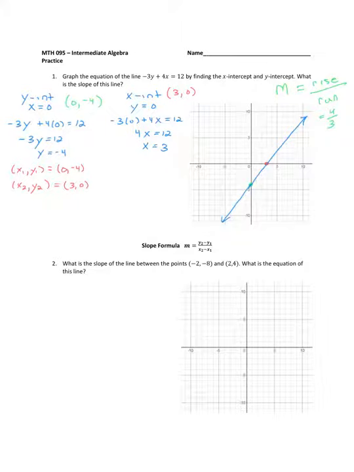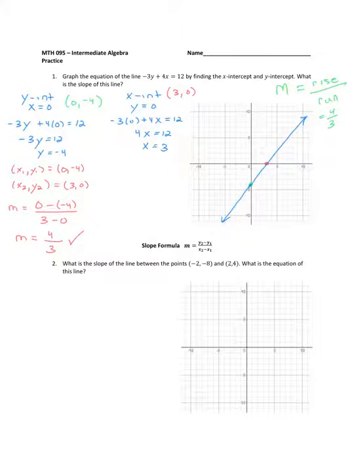The slope m is equal to y2 minus y1, so that's 0 minus a negative 4, divided by x2 minus x1, which is 3 minus 0. If I simplify this, in the numerator, 0 minus a negative becomes positive, and we're left with 4. And in the denominator, 3 minus 0 is simply equal to 3.